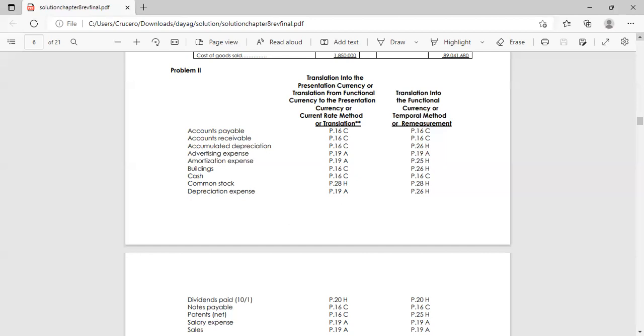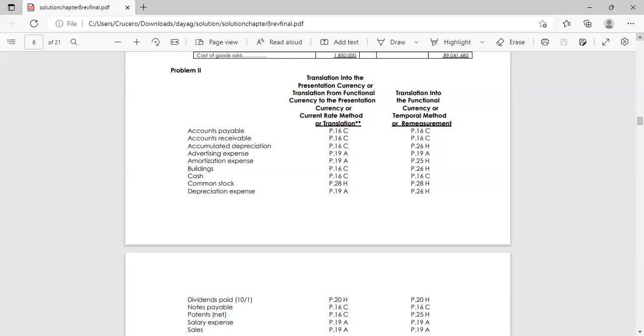Then on the other hand, we have the non-monetary items of historical cost, including fixed assets, investment at cost, prepaid items, inventories, and intangible assets. Again, we use the current or the closing rate for method 1, and we use the historical rate for method 2.